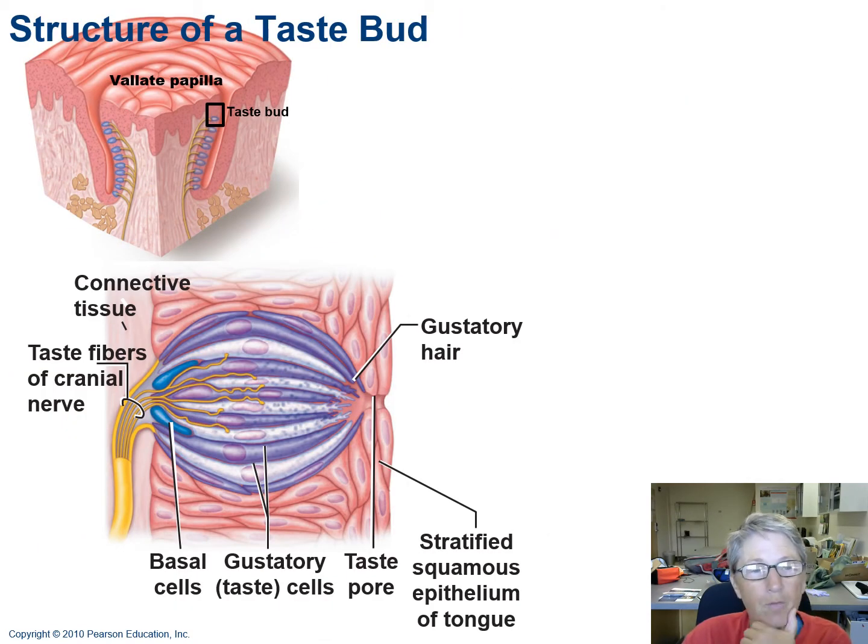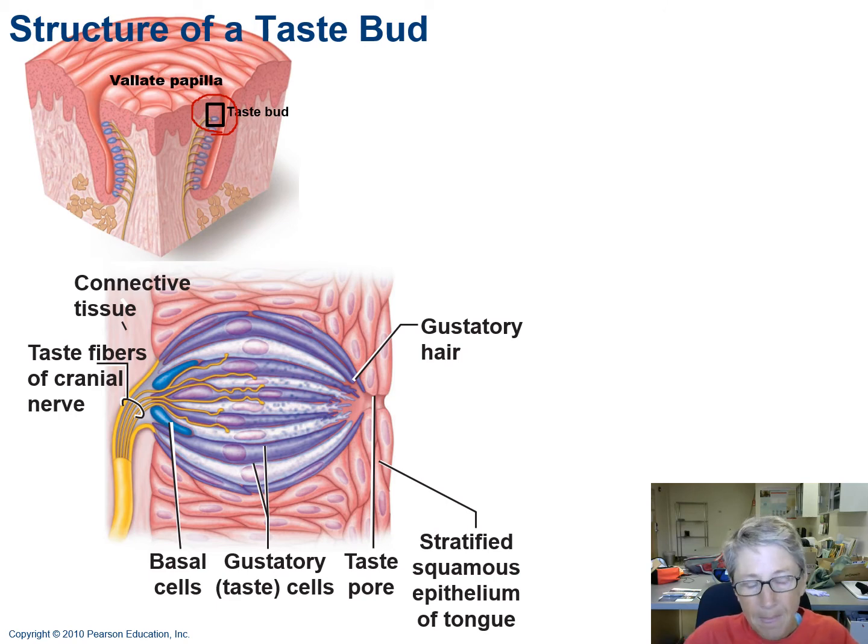So, structure of a taste bud. In this cartoon, they enlarge one of these taste buds in a papilla, and you can see that you've got some cells, and then they've got receptors to detect tastants or taste molecules.